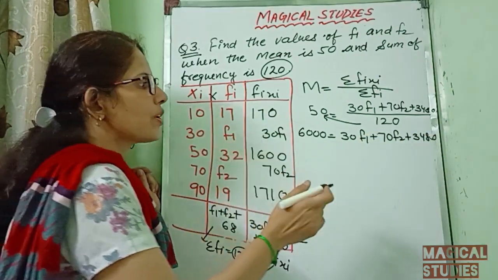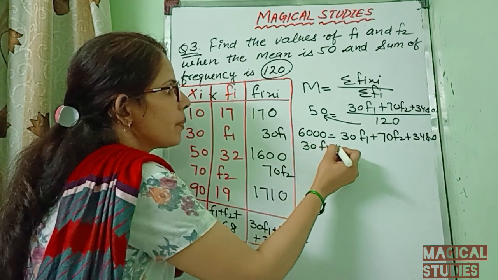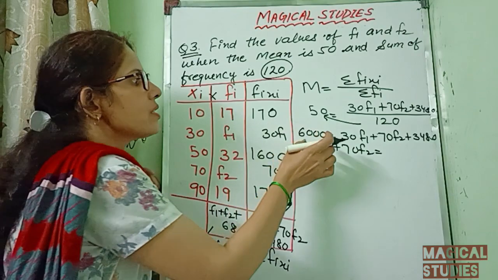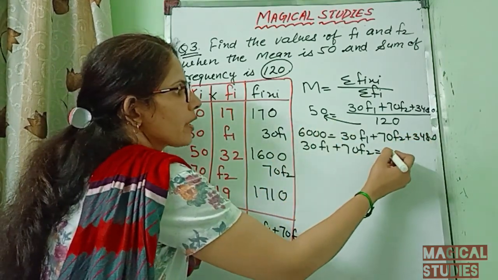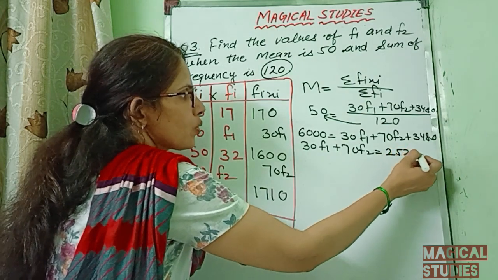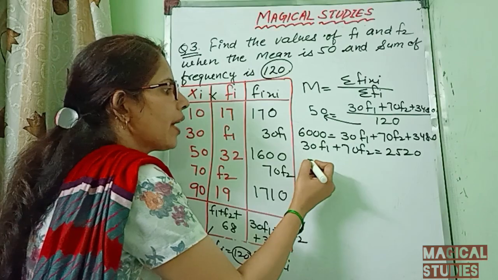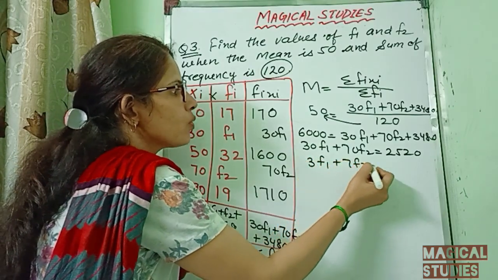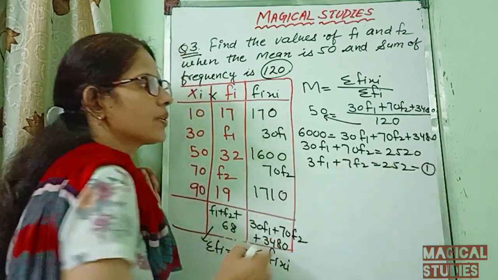Just solve this equation. 30f1 plus 70f2 is equal to 6000 minus 3480, and we get 2520. Divide the whole equation by 10 and we get 3f1 plus 7f2 is equal to 252. This is our first equation.